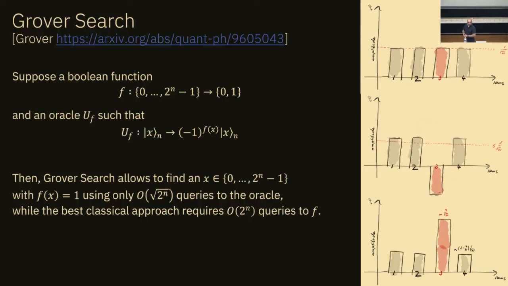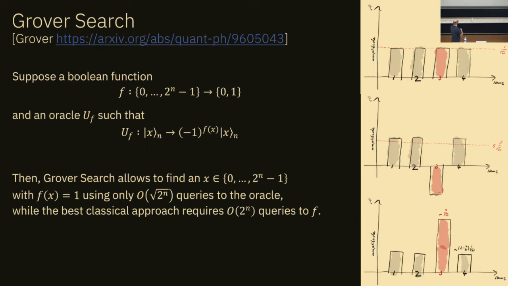Very briefly on Grover search. Suppose now we have such a function f that takes either an n-bit string or an integer from this set and maps it to 0, 1. And we have an oracle u of f that flags a bit string or an input state by multiplying it by -1 if f of x is equal to 1.